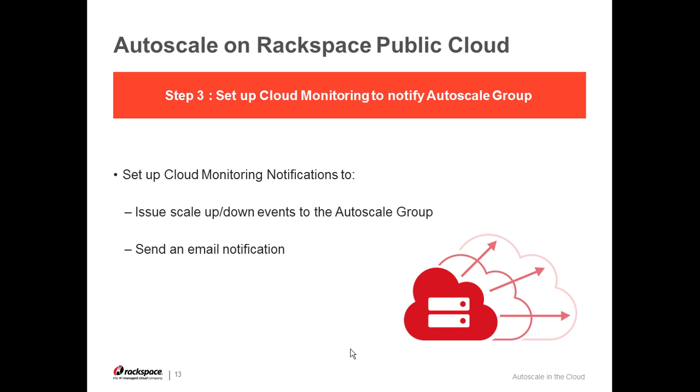So we set up the monitoring to do two things. The first one is to interface with Autoscale, and you'll see how we do that. The second one is to send an email notification so that you can be alerted when the scaling events occur. And a notification plan is just the structure that wraps those two together. So that is something that you need to be familiar with if you want to set this up yourself.